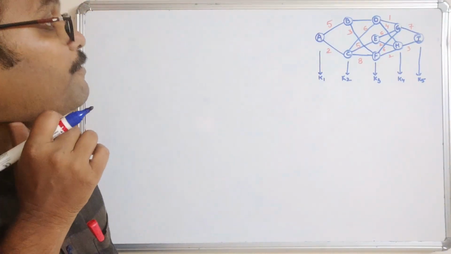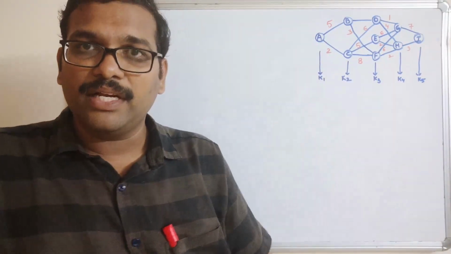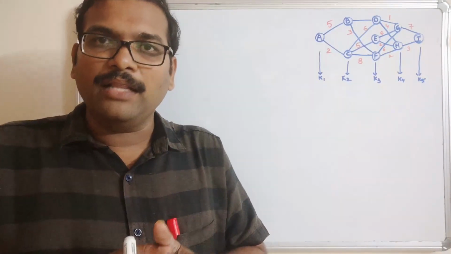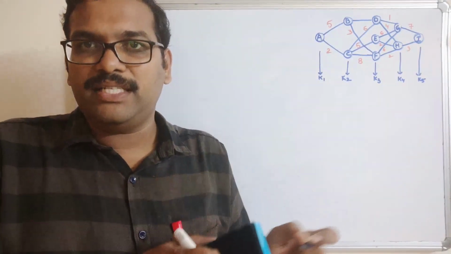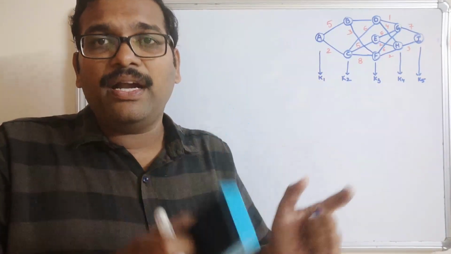First we have to start with the destination, and we need to find the minimum path in each and every stage. Here you can see every stage has a different number of vertices.